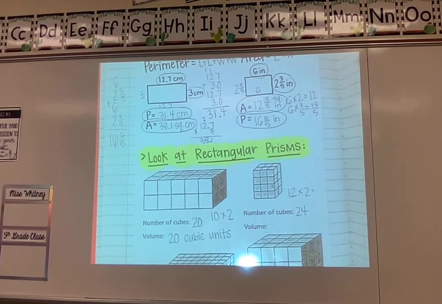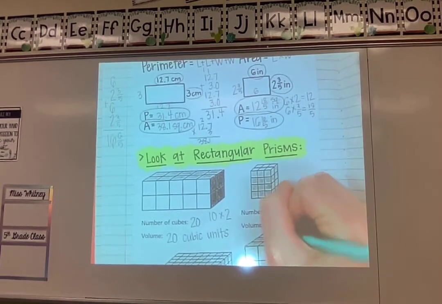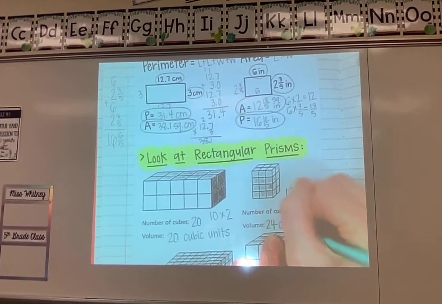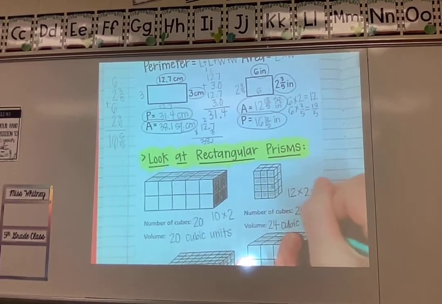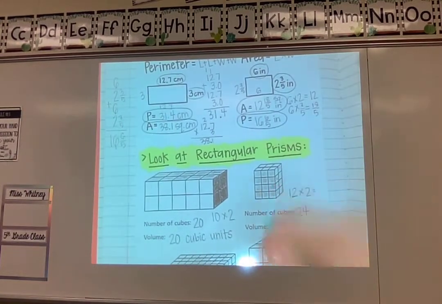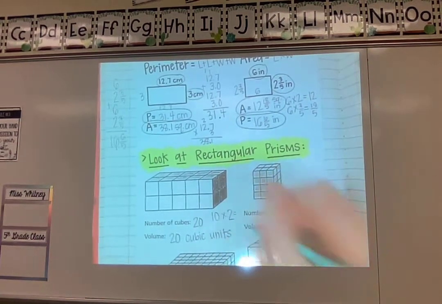If I were to build that box with little cubes, it would take 24 of them. Now, if I want to write that as the volume, it means there's 24 because that's what volume means, how many little cubes can fit. And then my label has to be cubic units. I'm using units because I don't know what they're measuring in. If I knew this was centimeters, I would put cubic centimeters. Okay, let's try another one.